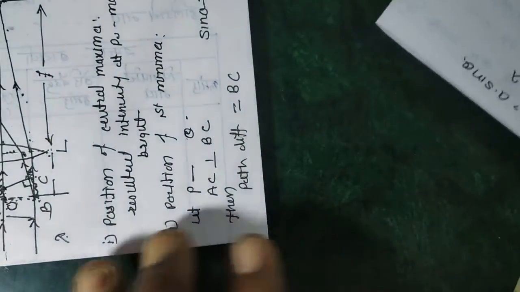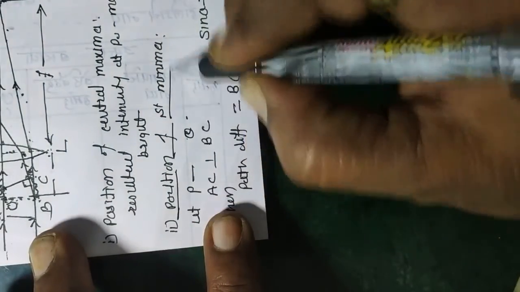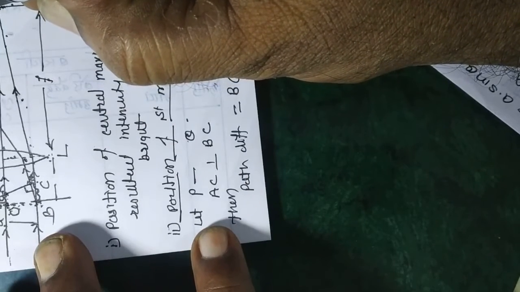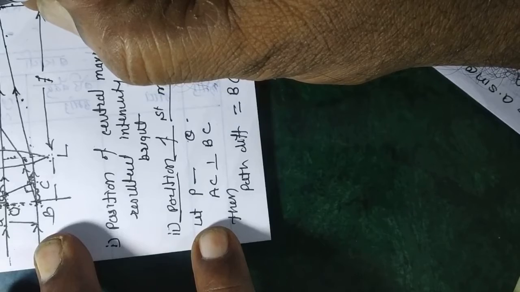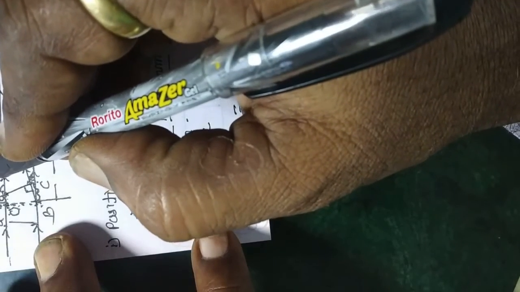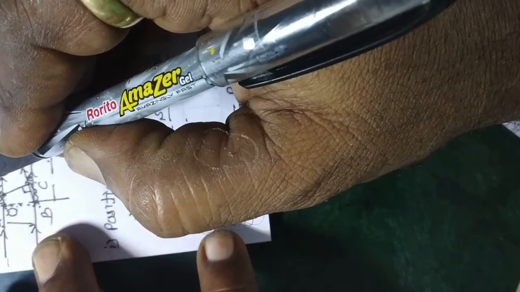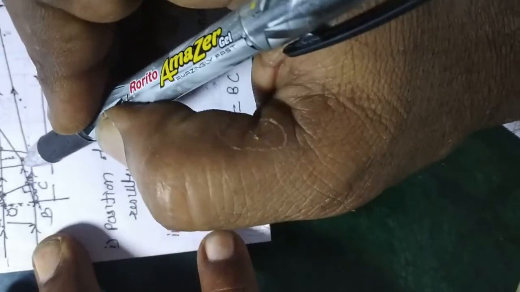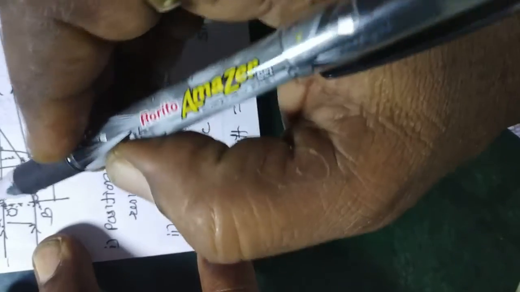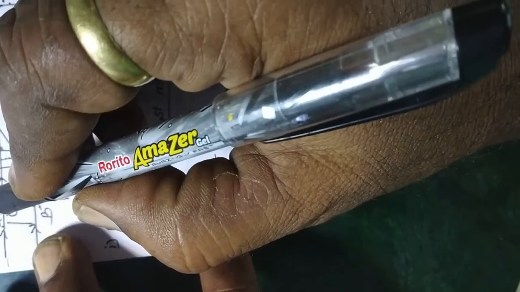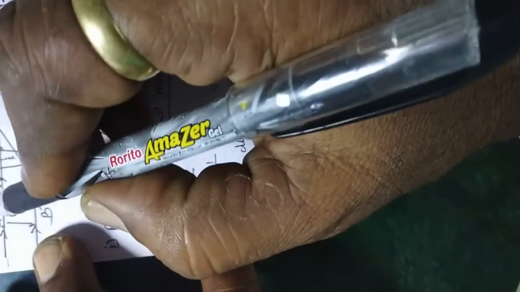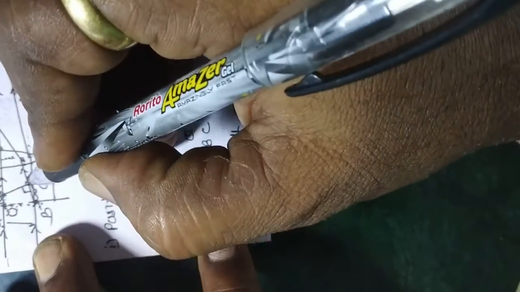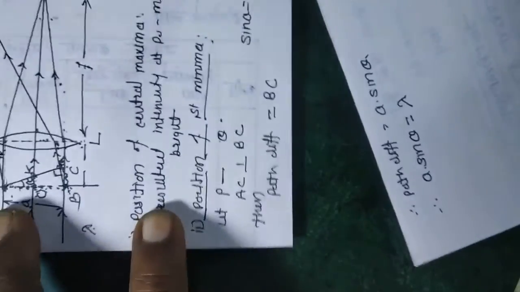See once more. Position of first minima. Let P be a point on the screen having angular separation theta. Draw AC perpendicular to BC. Then the path difference between waves arriving at P is equal to BC.